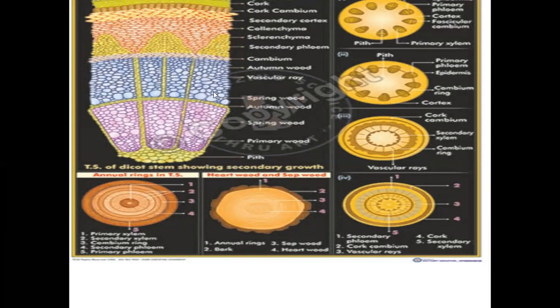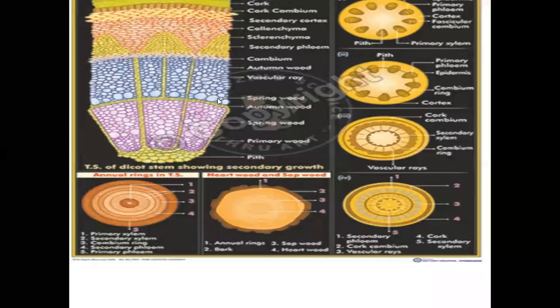The secondary xylem is of two types in a year. Large secondary xylem cells are called spring xylem or spring wood. Small secondary xylem cells are called autumn wood or autumn xylem.